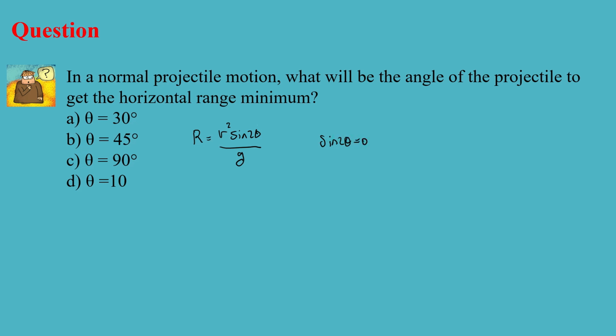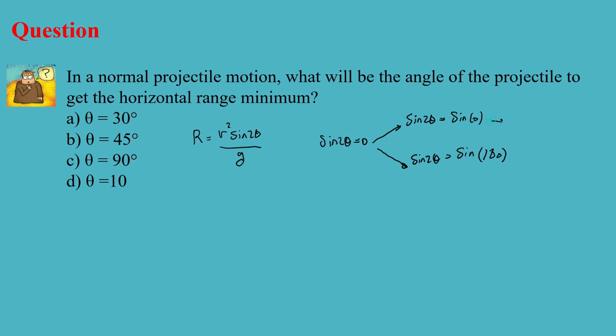So here I have two options, because sine 2 theta can be equal to sine 0, right? Because sine 0 is equal to 0. And also sine 2 theta can be equal to sine 180, right? Because sine 180 is also equal to 0.